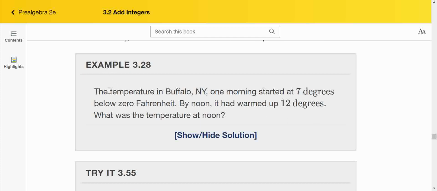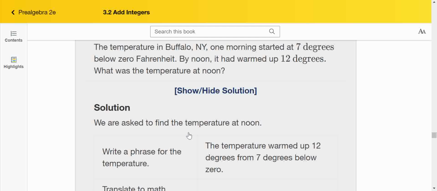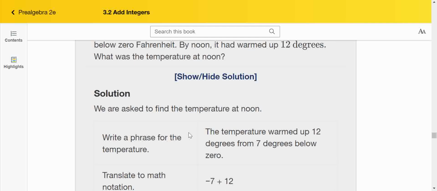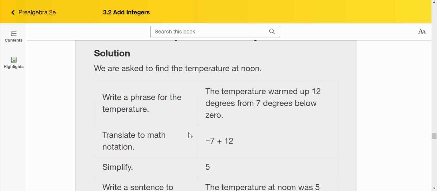Example 3.28. The temperature in Buffalo, New York, one morning started at 7 degrees below 0 Fahrenheit. By noon, it had warmed up to 12 degrees. What was the temperature at noon? Solution. We are asked to find the temperature at noon. Write a phrase for the temperature.